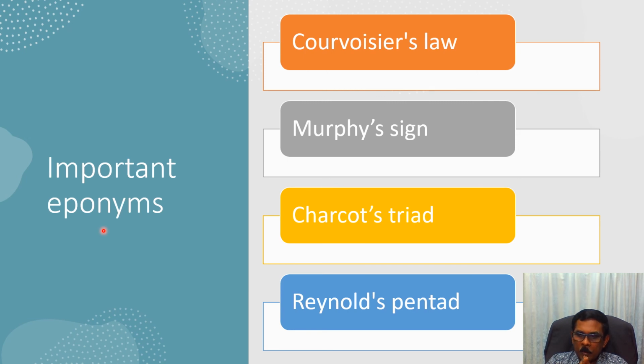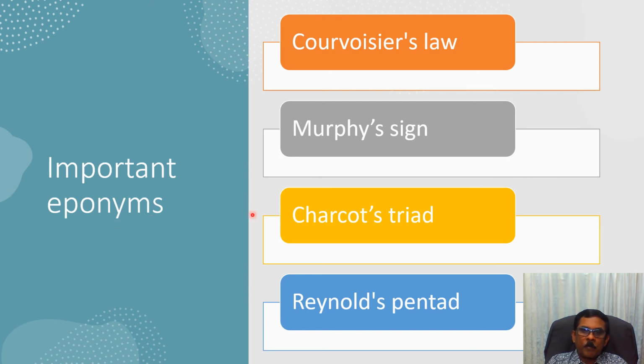Courvoisier's law: in a patient with obstructive jaundice, if the gallbladder is palpable, then the cause of the jaundice is unlikely to be due to gallstone disease. On the other hand, it is more likely to be due to more sinister causes such as carcinoma of the head of the pancreas, cholangiocarcinoma, and periampullary carcinoma.